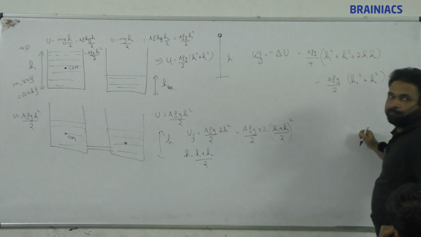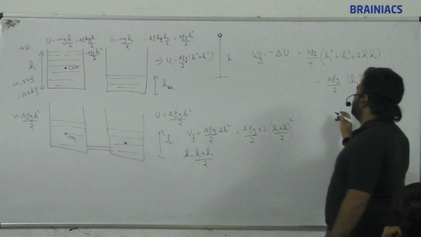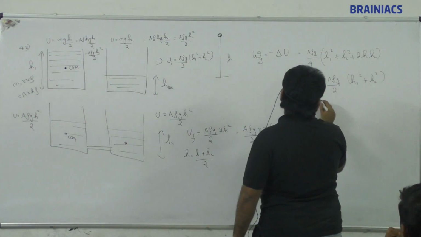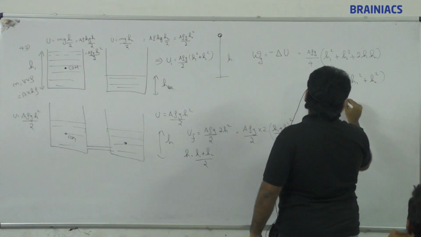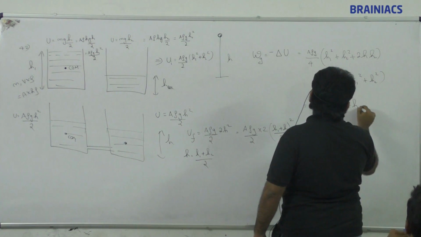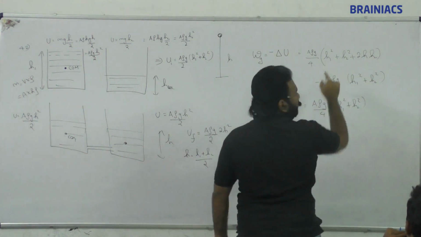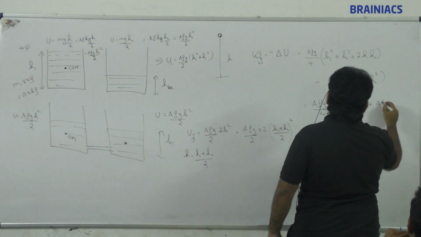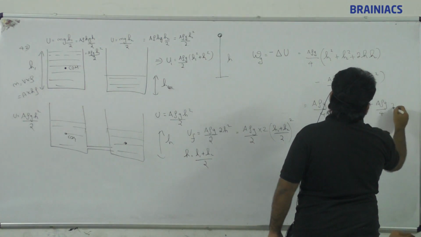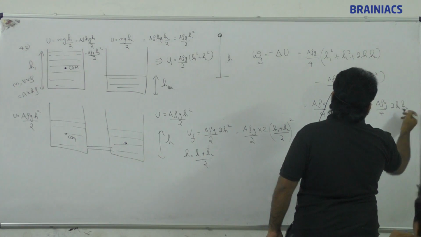Now if we multiply inside, this is going to be A rho g by 4 into h1 square plus h2 square, I am multiplying inside only for this. Now for this one alone, it is A rho g by 4 into 2 h1 h2.